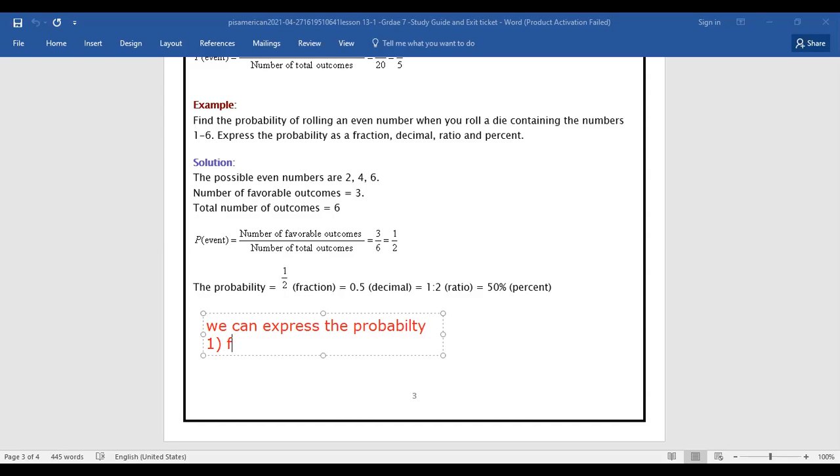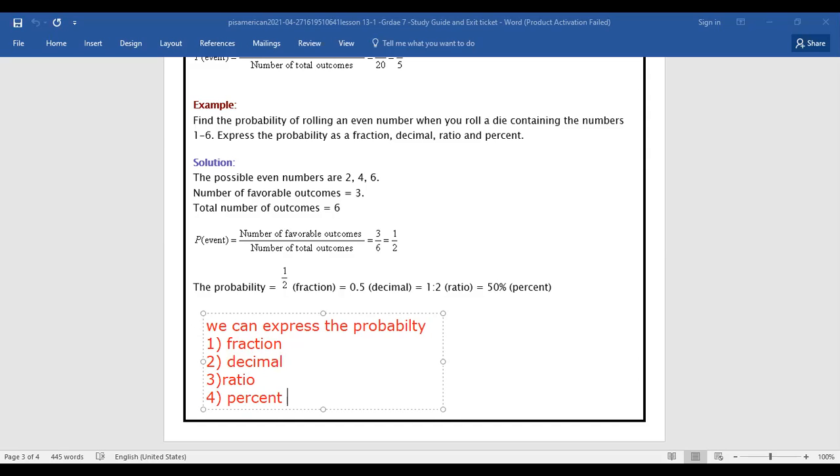Number 1, fraction. Number 2, decimal. Number 3, ratio. Number 4, percent. Okay, so we can express the probability in 4 different ways.